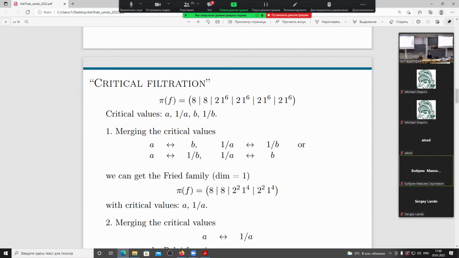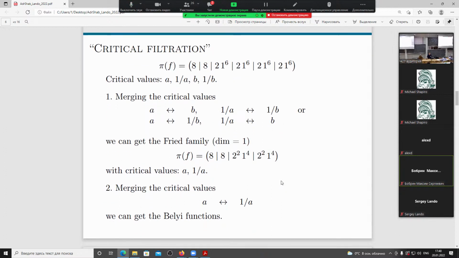So in this case, we get the Fried family, and this is, without formulas, but geometrically, combinatorially, the Fried curve which George just talked about, and the equations that we are given. These are the equations for this Fried curve in the moduli space. And when we specify parameters so that these two critical values collapse into a single one, then we get a Belyi function.